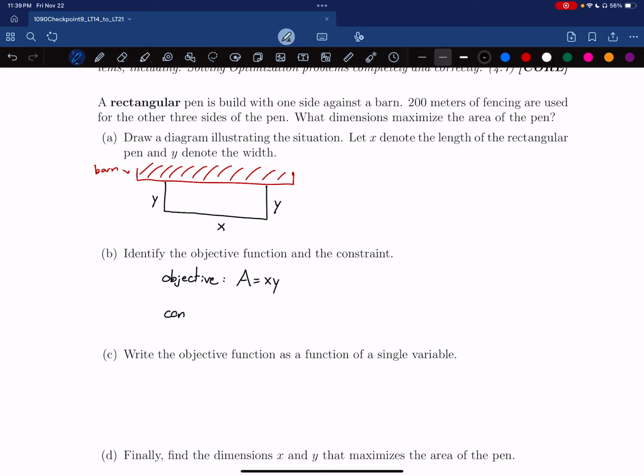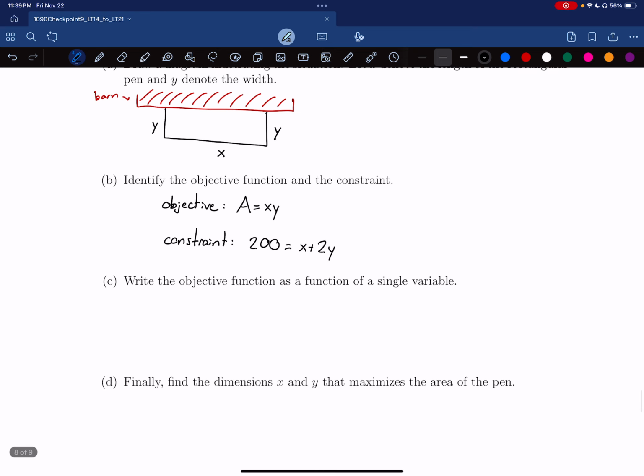And our constraint relates to how much fencing we have to use. So we don't need to worry about the fencing on the side of the barn. The barn provides that fencing. So we worry about the other three sides. So we'll have that we have 200 meters of fencing, which is equal to one length x and then two widths y.